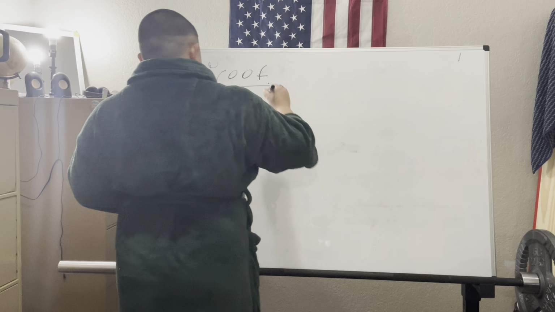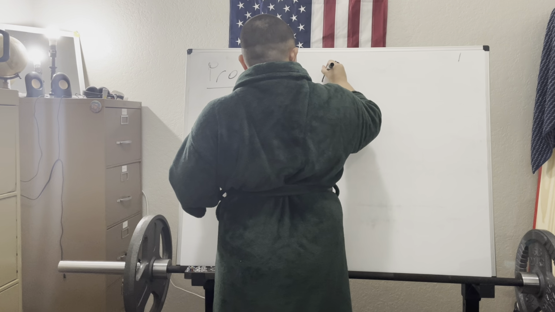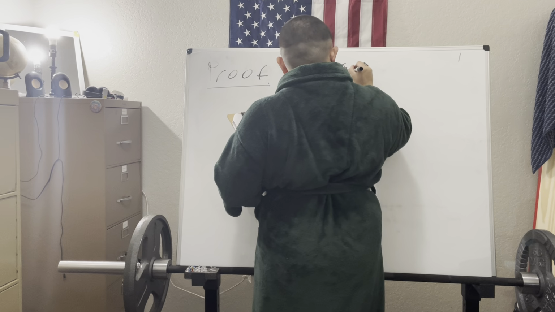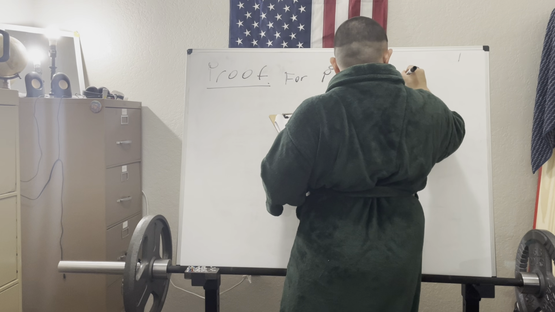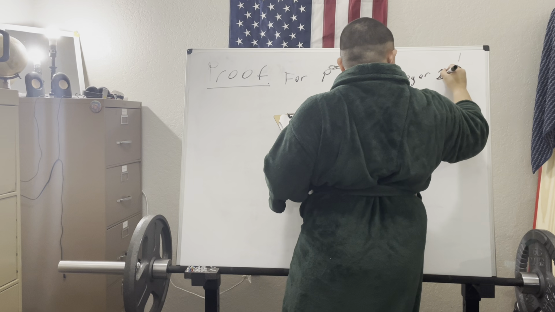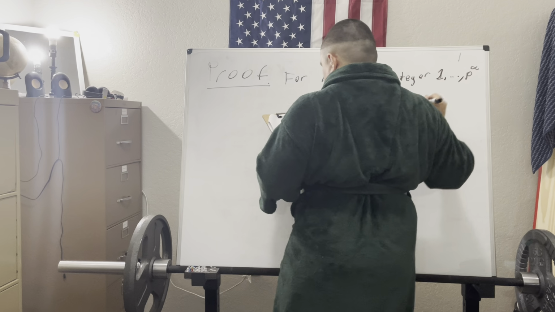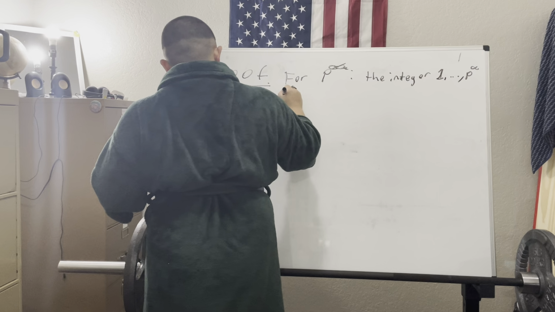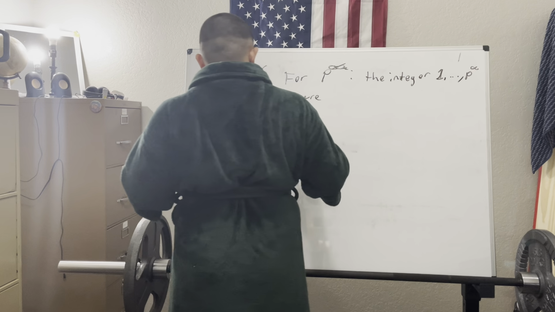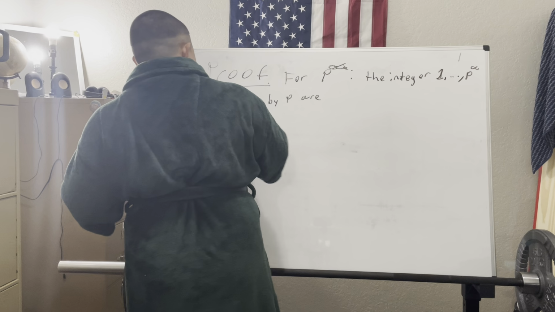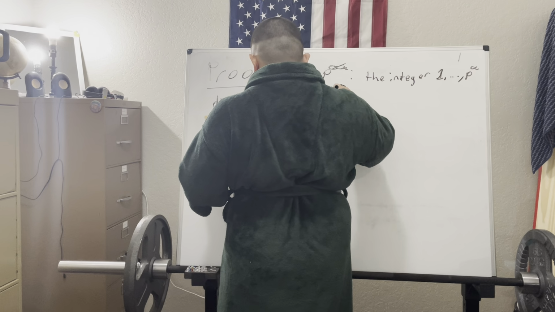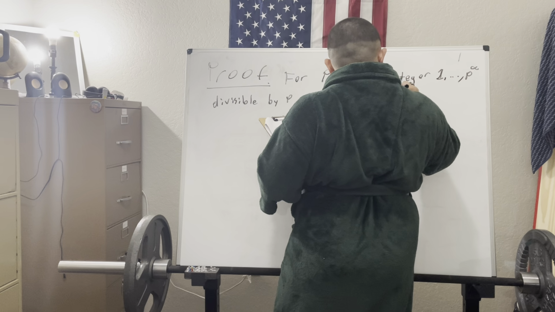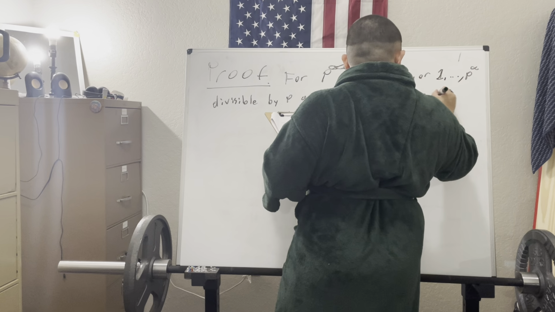Yes, okay. So for p to the alpha, the integers 1 all the way up to p to the alpha that are divisible by p are p, 2p, all the way up to p to the alpha minus 1 times p, which is what?